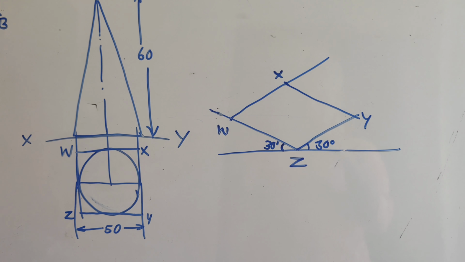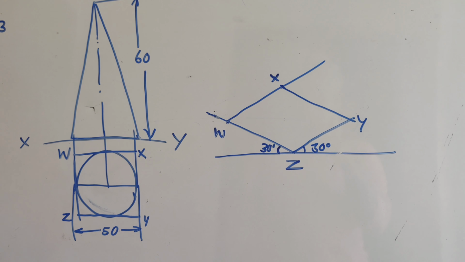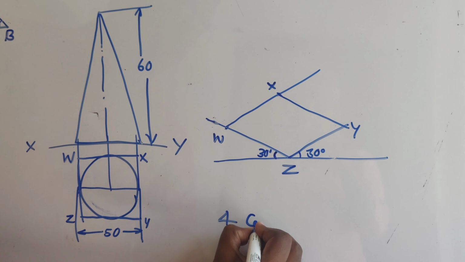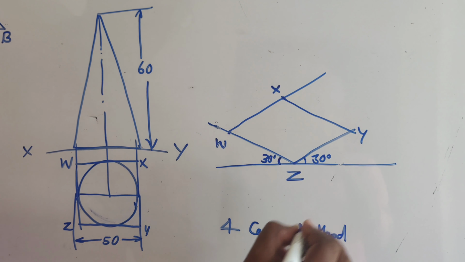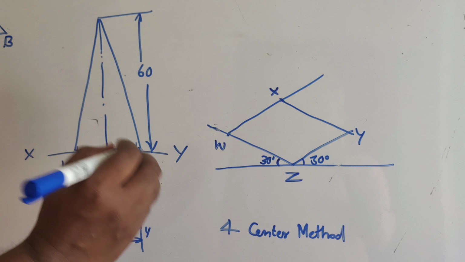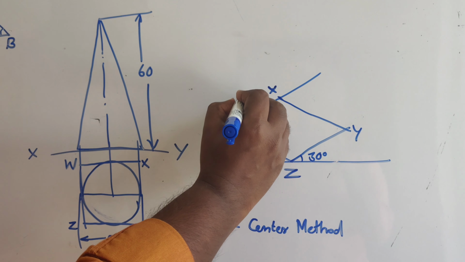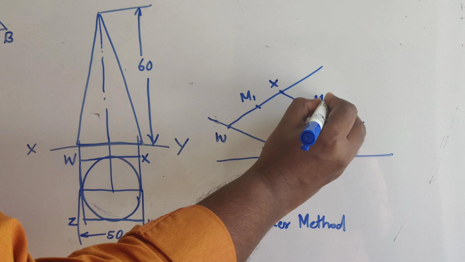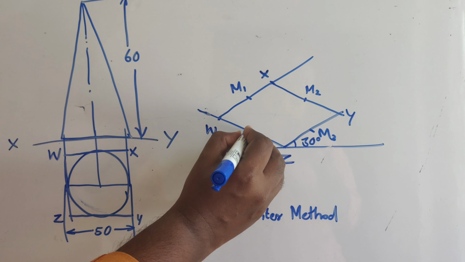In order to draw the ellipse, there are many methods, but in isometric projections, we will follow the most simple method, which is known as the four-center method. In the four-center method, you have to find out the midpoint of, say, W to X, it is M1, X to Y, it is M2, Z to Y, that is M3, and here it is M4.